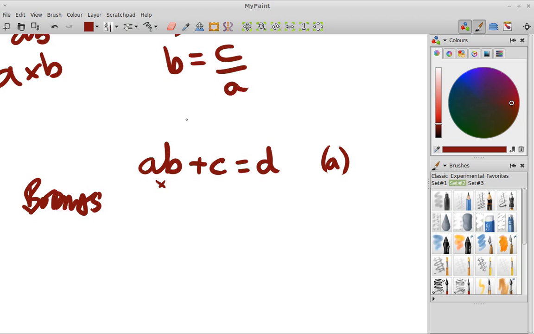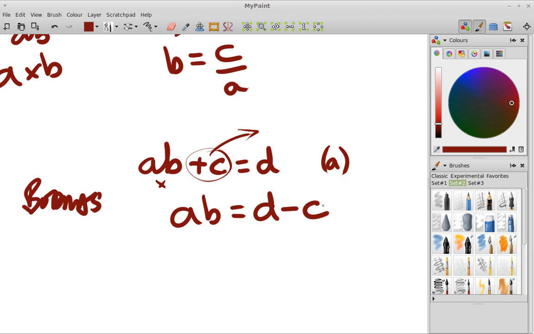The easiest term to get rid of first is this plus C, because it's not tied to the A, sorry, as strongly as the B is. The B's been multiplied, the C's been added. It's further away from it, if you like, in mathematical terms. So to get rid of plus C, we'll take that over, and it's going to become minus C. So we're going to have AB equals D, because that's already there, so that has to stay there, minus C. But we still haven't got A on its own yet.